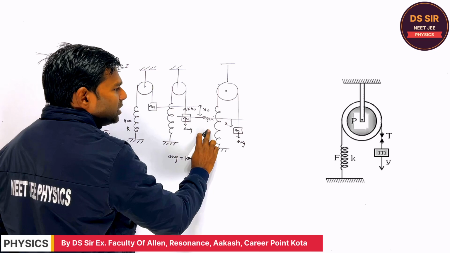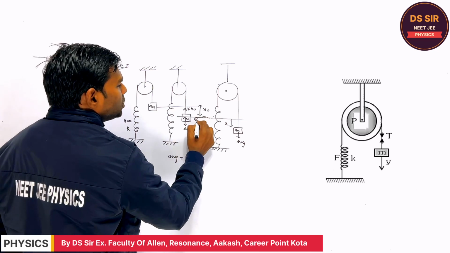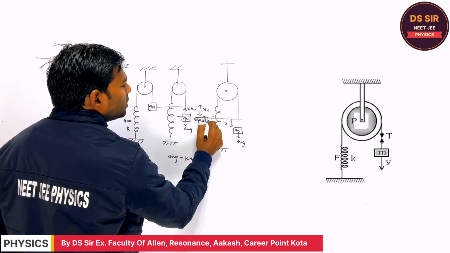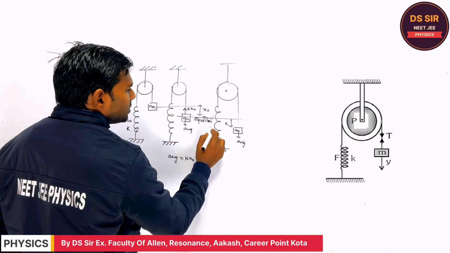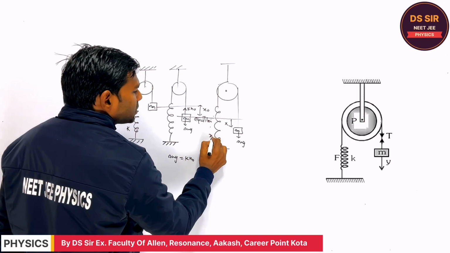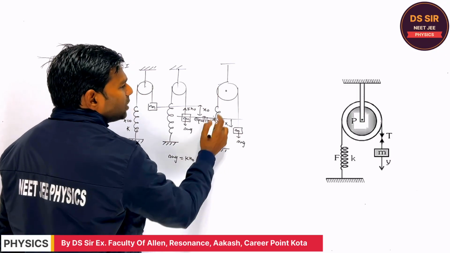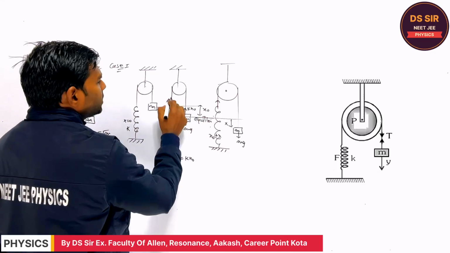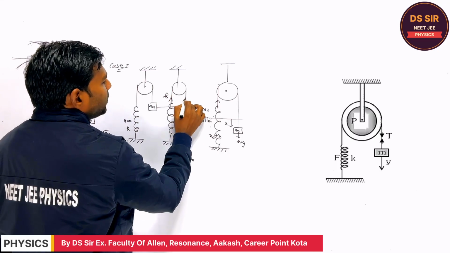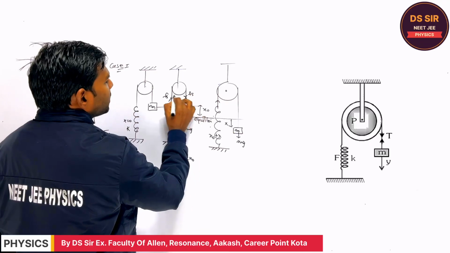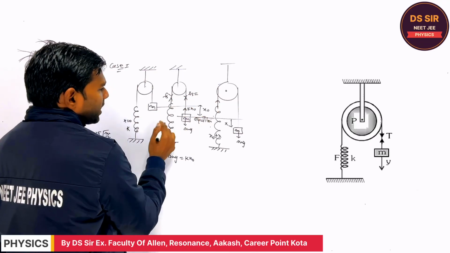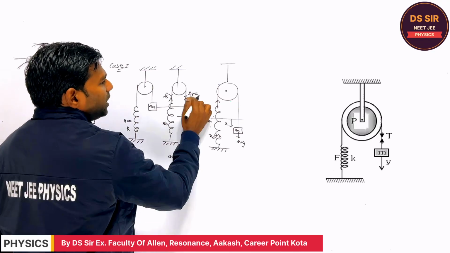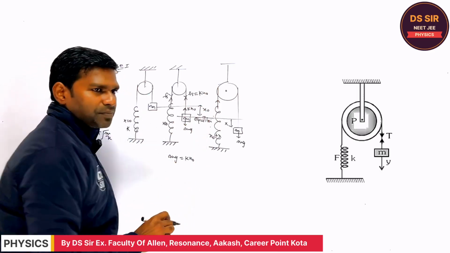And at the mean or equilibrium position, the elongation in the spring will be x naught. Listen one thing, this is the spring force. Are you getting this or not? The x naught is the elongation, and kx naught is the spring force.